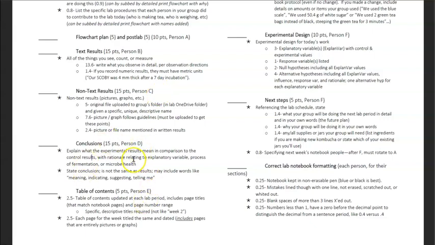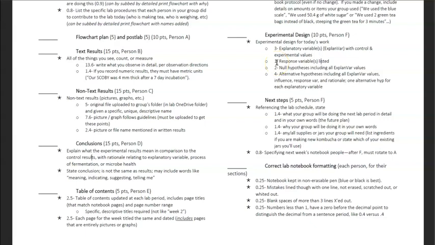The conclusion person is also going to get input from the experimental design, specifically the alternative hypothesis. Does the prediction match what's being seen in the jars? If yes, then you can just rewrite the rationale in your own words as the conclusion.